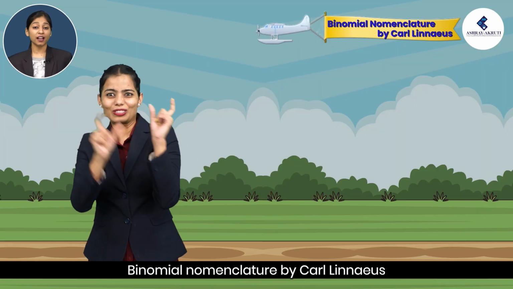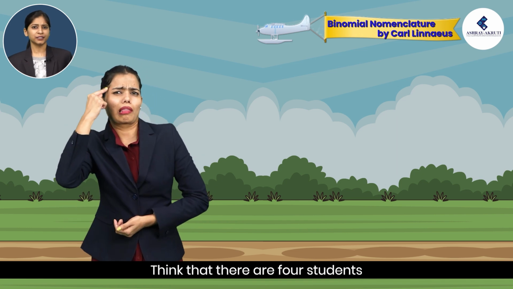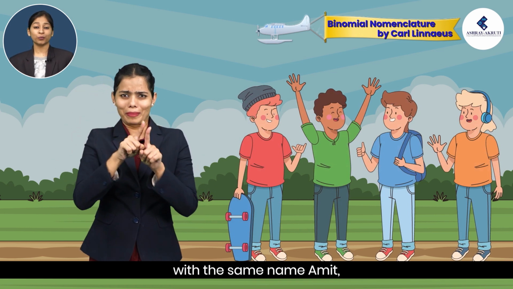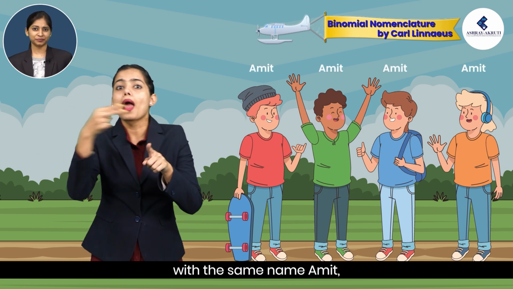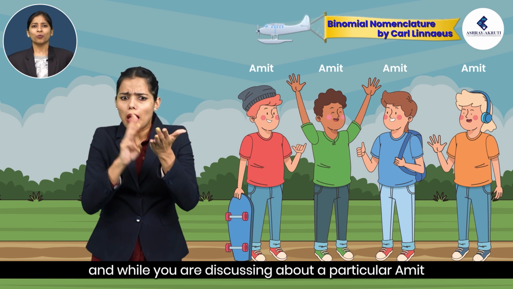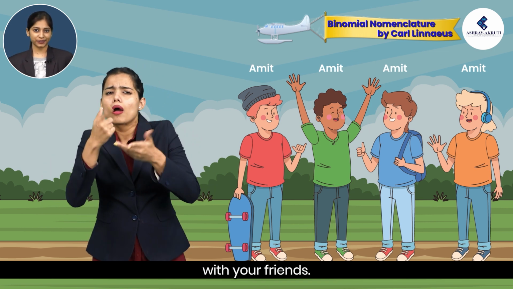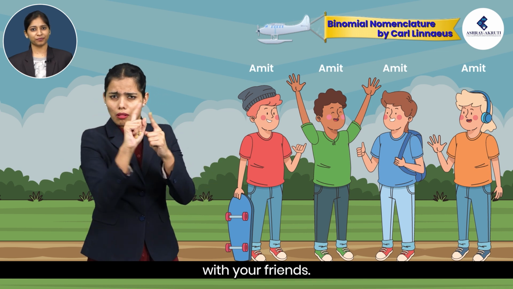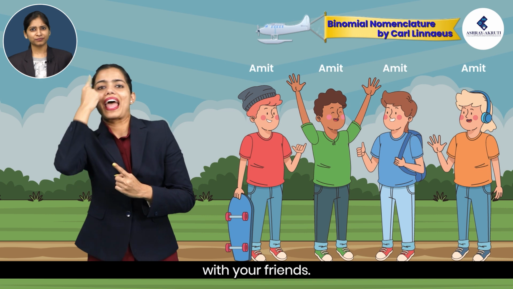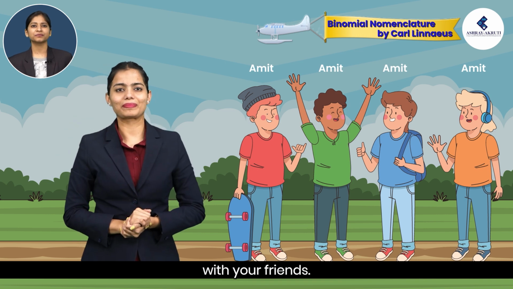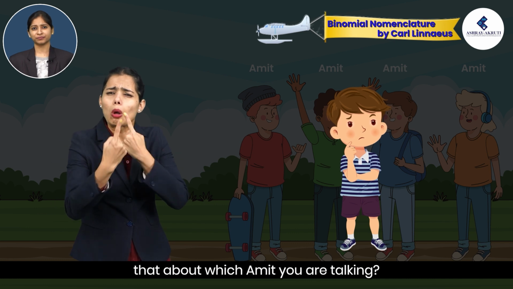Binomial nomenclature by Carl Linnaeus. Think that there are 4 students with the same name Amit. And while you are discussing a particular Amit with your friends, how would you know which Amit you are talking about?